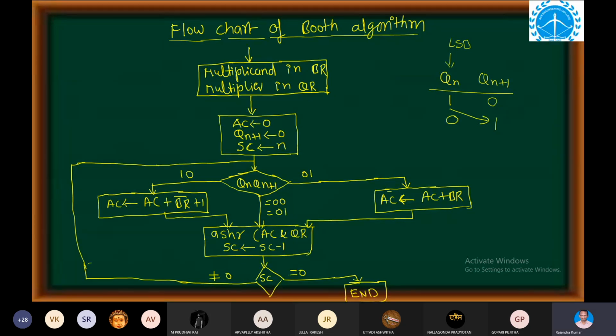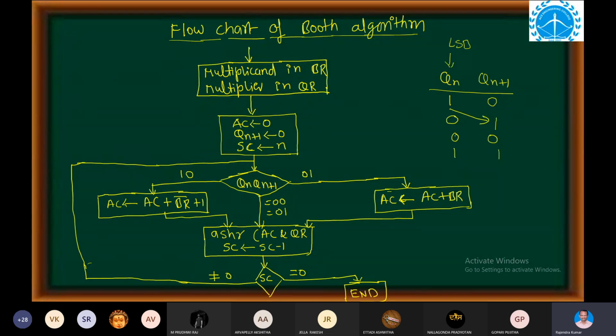Now again the sequence counter is decremented by 1. If Qn and Qn plus 1 are both 0 0 or both 1 1, that means they are equal, then simply arithmetic shift right the contents of the accumulator and QR register, and the sequence counter is decremented by 1.